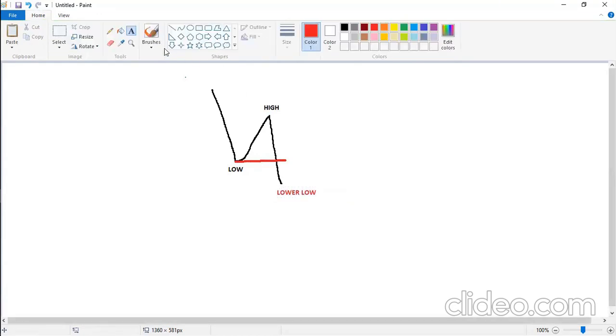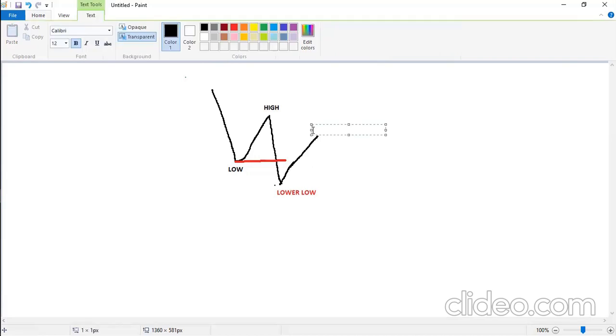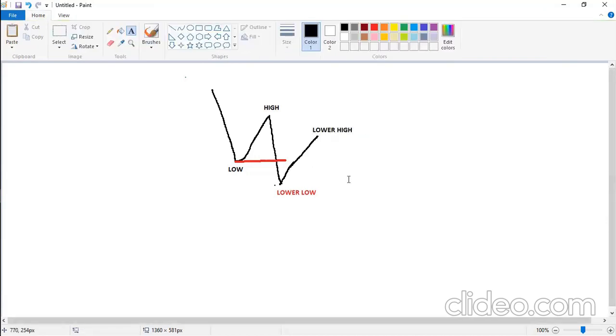Because this new low is lower than the previous low. So that's why it's called the lower low. Then here we have what we call a lower high. Why? Because this high here is lower than the previous high. So that's why it's called lower high.